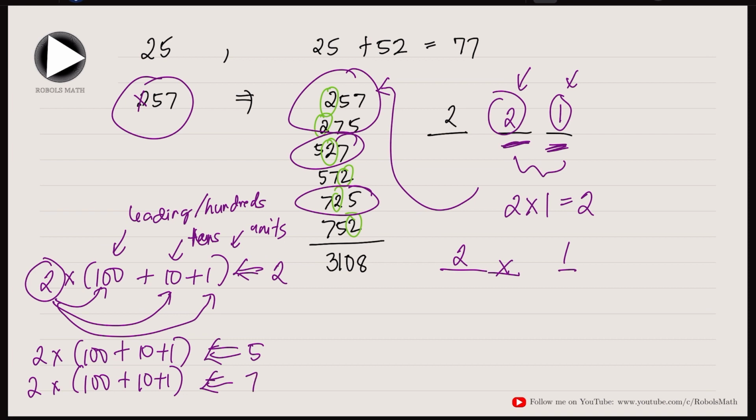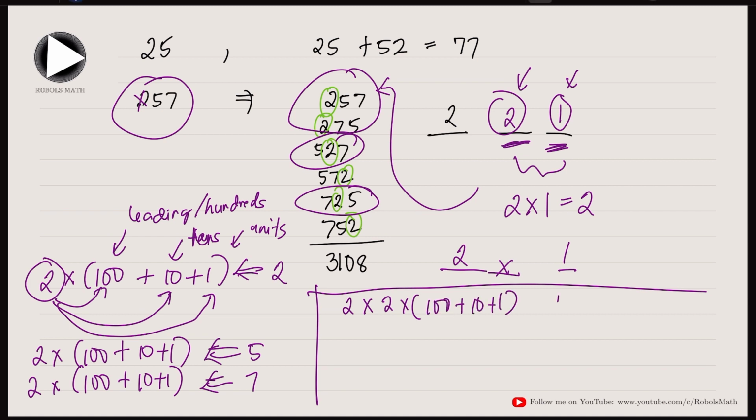So if we write them all, we get 2 times 100 plus 10 plus 1, times 2, plus 5 times 2 times 100 plus 10 plus 1, plus 7 times 2 times 100 plus 10 plus 1.